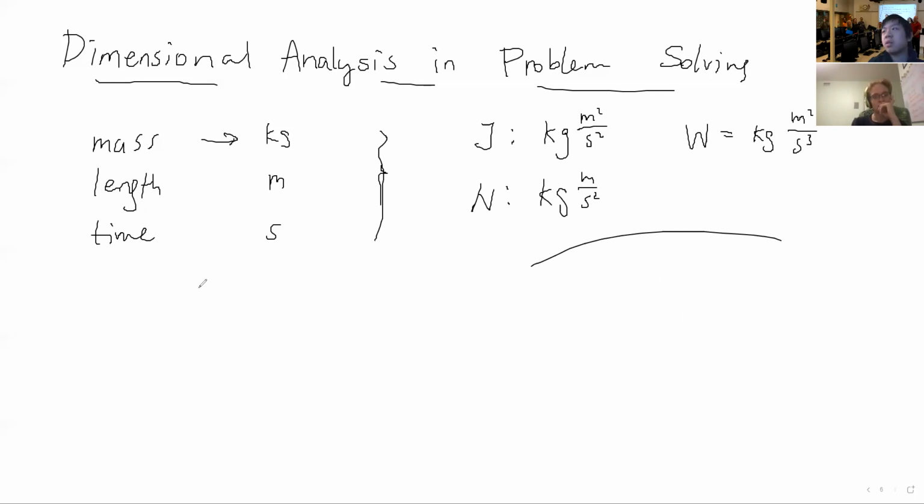Firstly, it should be pretty important that when you check your work at the end of a problem, the units are right. Because if the units are not right, then that means you did something wrong in the middle of your process. So at the end, the units always have to be right.